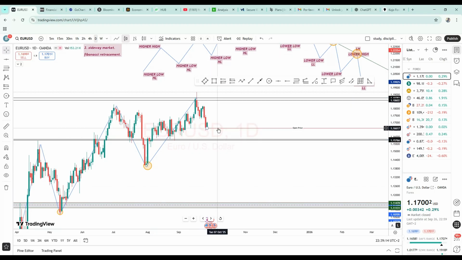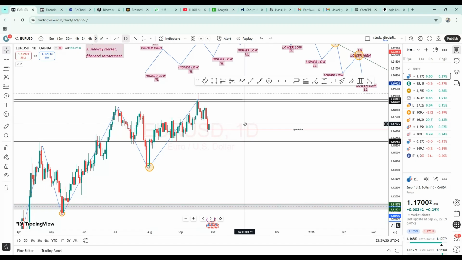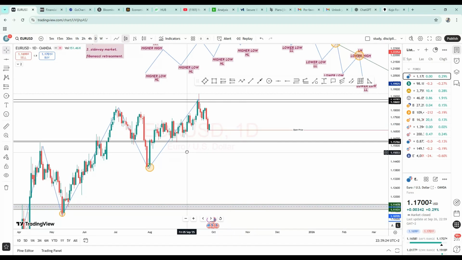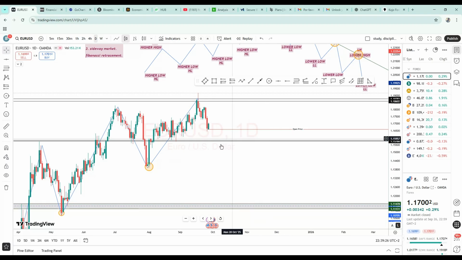So you can see this red line that I mark. This is the one we call a horizontal ray. What is the use? The use is simply the same. It acts as a trend line, the same as a trend line, but the problem is that it is a half line.